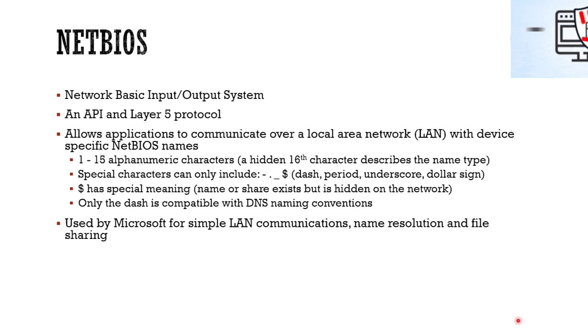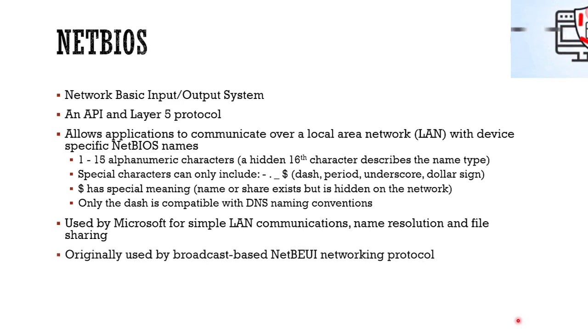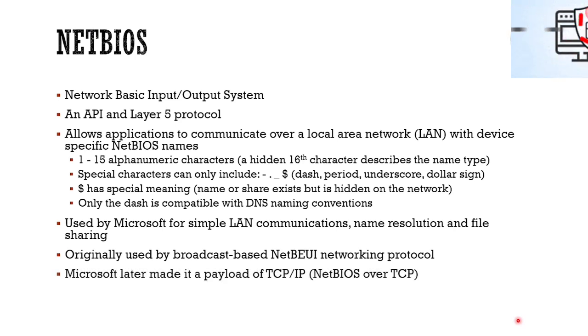Microsoft, like I said, used NetBIOS for simple LAN communications, for name resolution and file sharing, and originally it was used by that broadcast-based network protocol called NetBEUI. When Microsoft adopted TCP/IP later, they bolted NetBIOS on top of TCP/IP, and we called it NetBT, NetBIOS over TCP. NetBIOS uses several TCP and UDP ports. You can see it's TCP 137, 139, UDP 137, 138.